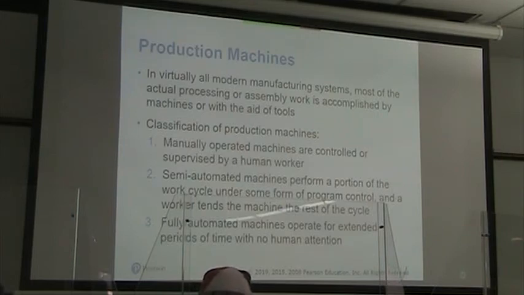We have semi-automated machines that perform part of the work cycle with some form of program control, and the worker tends the machine for the rest of the cycle. Or we have fully automated machines that operate for long periods of time with no human attention.